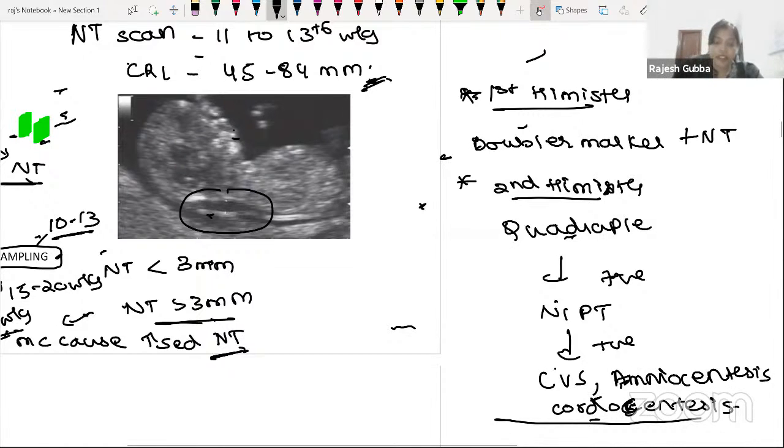So that's why your answer of NIPT was correct. Let's go to the next question.